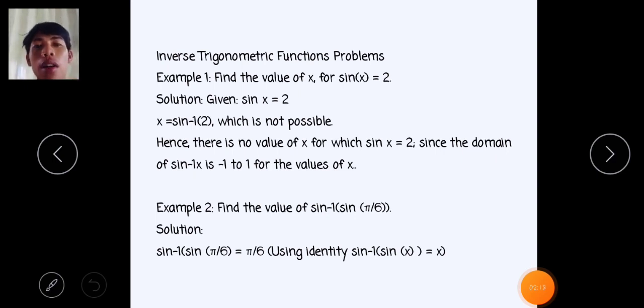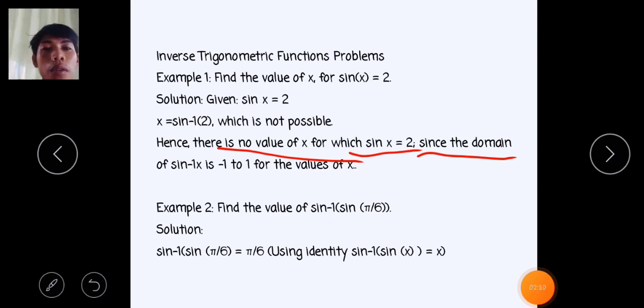Hence, there is no value of x for which sine of x is equal to 2, since the domain of arc sine x is negative 1 to 1 for the value of x.